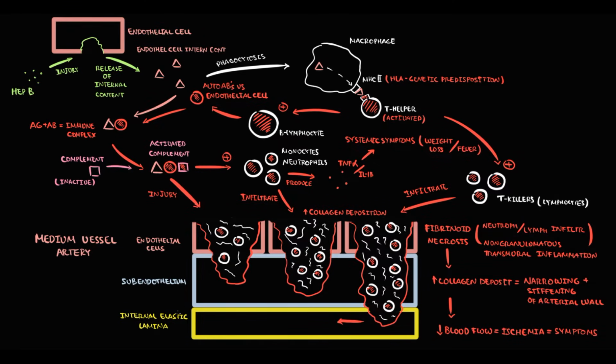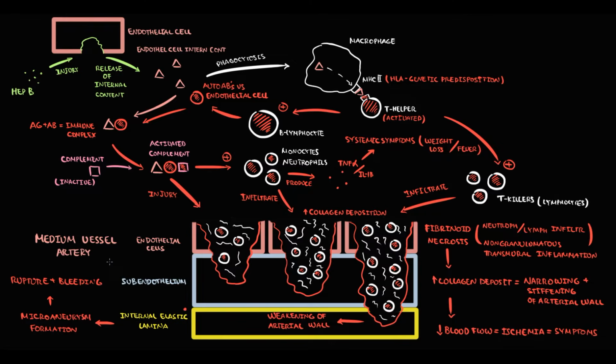The second problem is that in the most severe cases, when internal elastic lamina becomes affected, Polyarteritis nodosa can cause weakening of arterial wall, which will cause formation of microaneurysms. And the problem with aneurysms is that they can rupture, which will cause severe bleeding.